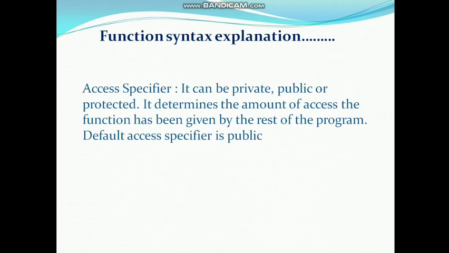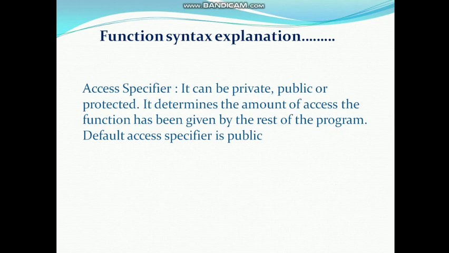Explanation of the function syntax in detail. First point, access specifier. Access specifier can be private, public or protected. So far you were only writing public, so it can be even private as well as protected too.